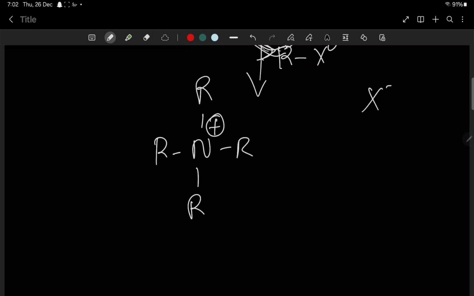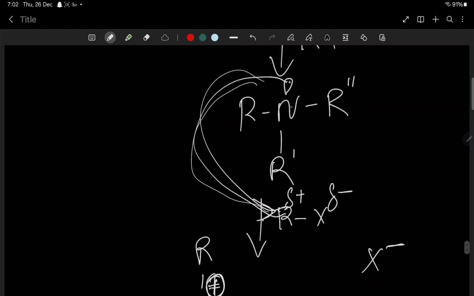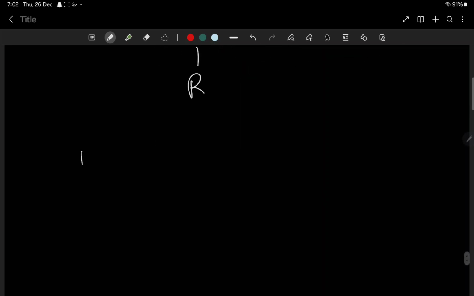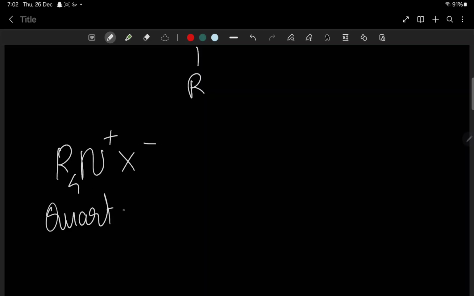Now this X minus is there in the middle. It's like, oh, I saw a positive charge here. Look here, no hydrogen was released. Here there is no hydrogen, so HX will not be formed in this last step. This X minus is free in the medium. Now it sees this plus charge, so it will go and stand with it, forming an ionic bond. So we get R4N plus X minus, that is a quaternary ammonium salt.